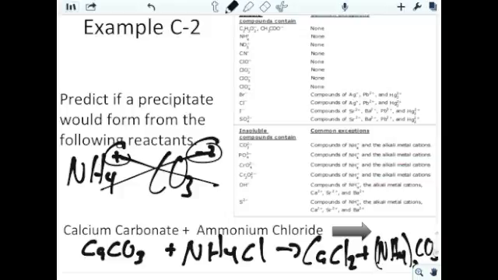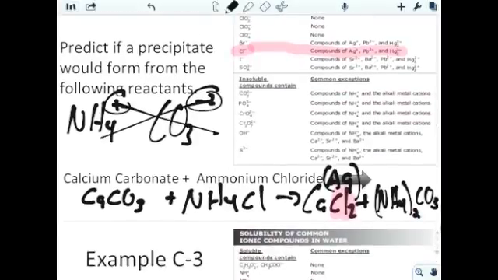So let's look at if a reaction is actually taking place. So in our first possible product, we see that it's bonded to chlorine. Calcium bonded to chlorine. Well, where's chlorine? Chlorine's right there. Okay, the only exceptions that it has, compounds containing silver, lead, or mercury. It's bonded to calcium, which is none of those. So this is going to be aqueous, stays in solution. Okay, our next possible product, we see that we have carbonate.